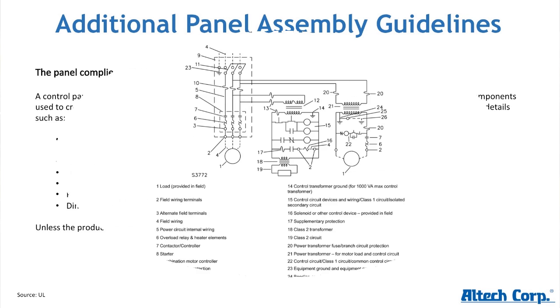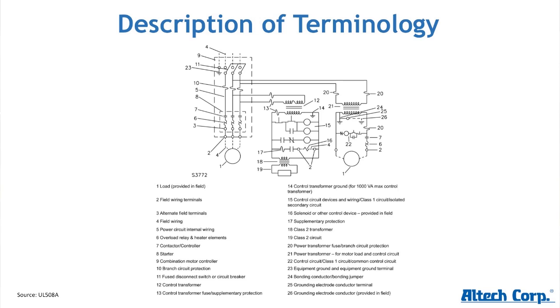If we go now to the next slide about the description of terminology, this is essentially a snapshot of how to build a panel. It shows you the power circuit, and it shows you the control circuit, and it shows you an example of a different power circuit, which is stepped down, transformed to maybe a different voltage from the higher supply voltage.